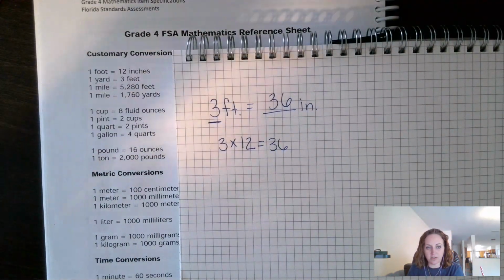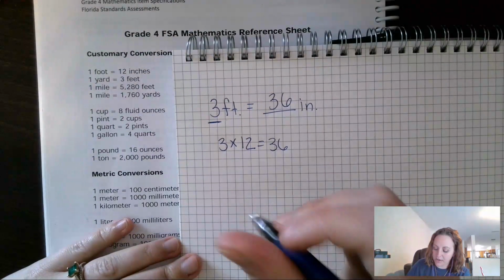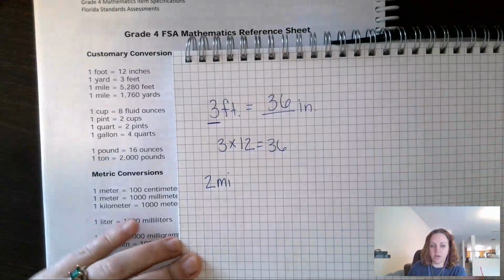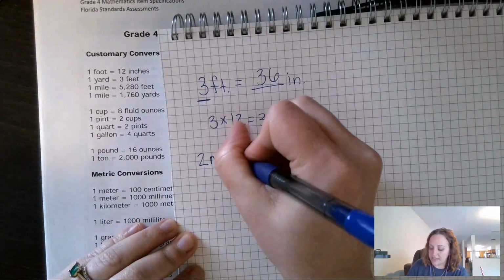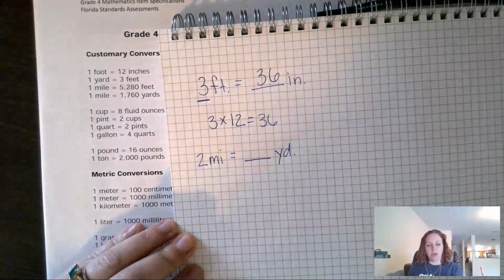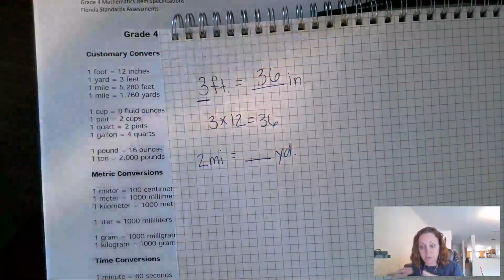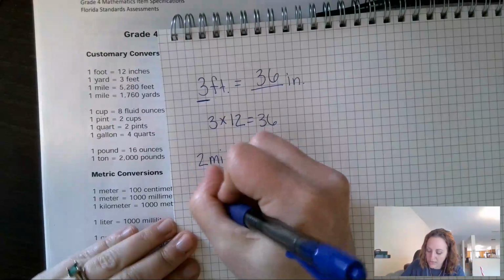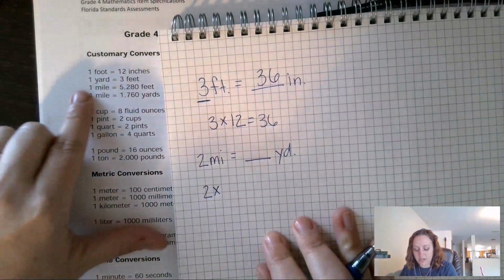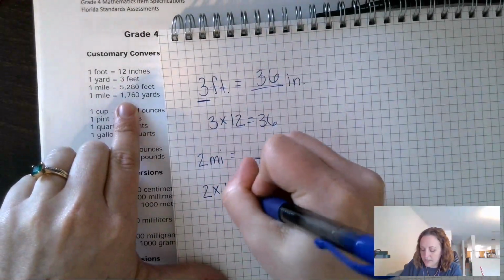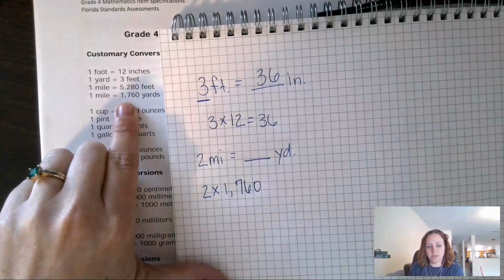Okay, let's look at another example. If I have 2 miles and I want to know how many yards that is. Miles are bigger than yards, so big to small, I multiply. So I'm going to do 2 times how many yards are in a mile. 1,760. 2 times 1,760.